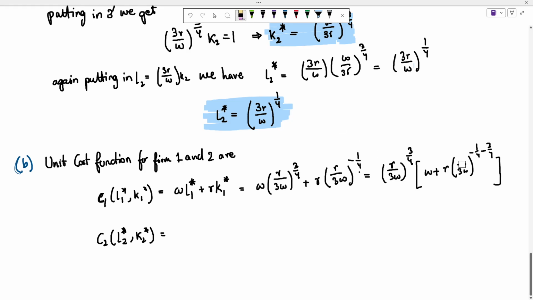So it would be 3 omega by r, and we are going to have nothing here.